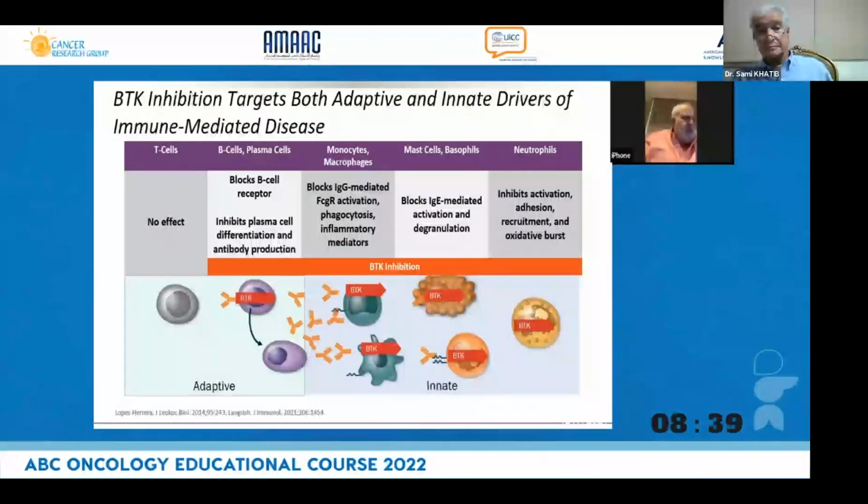On the other hand, it blocks IgG-mediated activation and phagocytosis, as well as inflammatory mediators. It also acts on mast cells and basophils, blocking the IgE-mediated activation and degranulation. And also it inhibits activation and adhesion recruitment of neutrophils. So it's a very rich mechanism of action that we have in BTK.